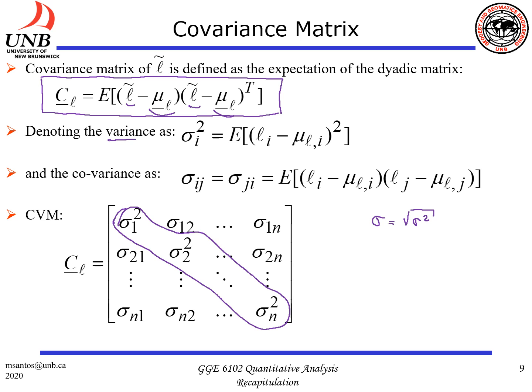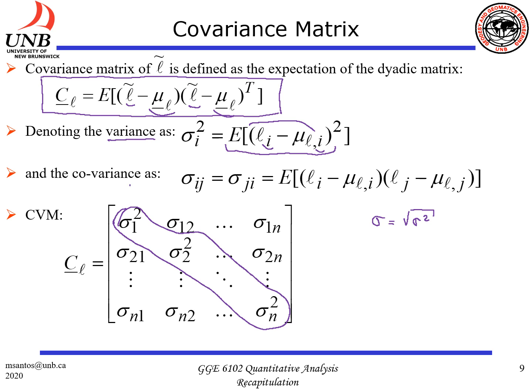And so we have the variances, and the variances are the expectation of the difference of the i observation with the i mean.